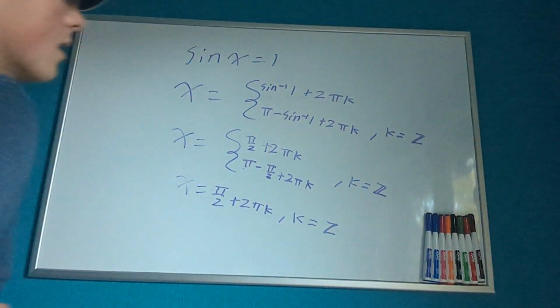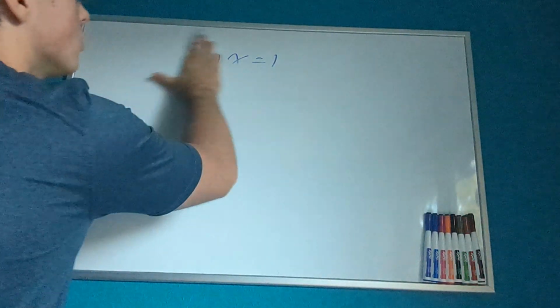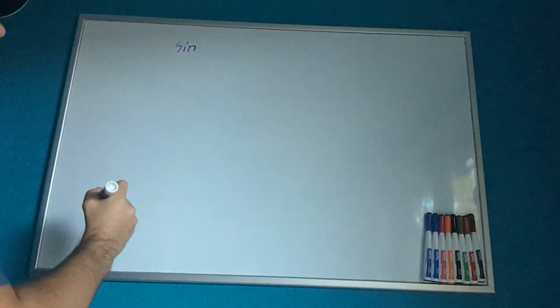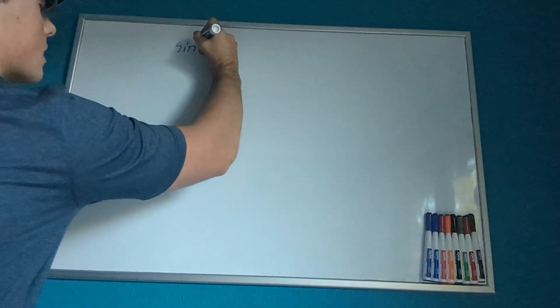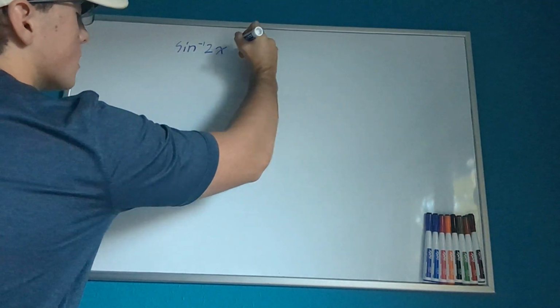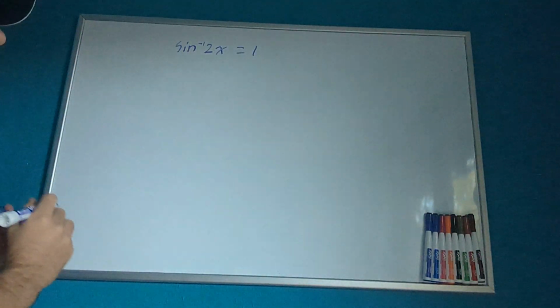Let's do something a little bit more complicated. We'll just change it a little bit. Let's now say we have sine 2x equals 1, okay? Now what do we do?